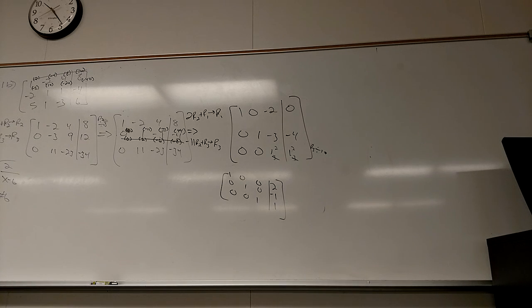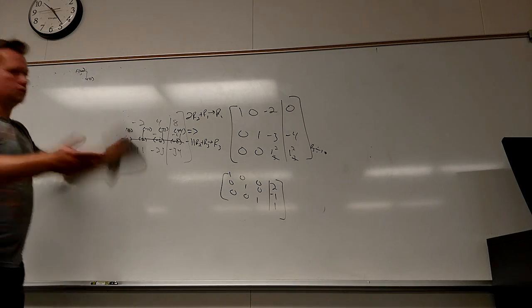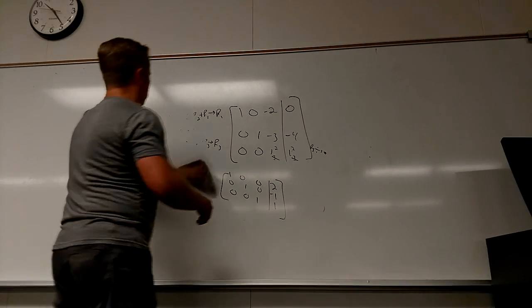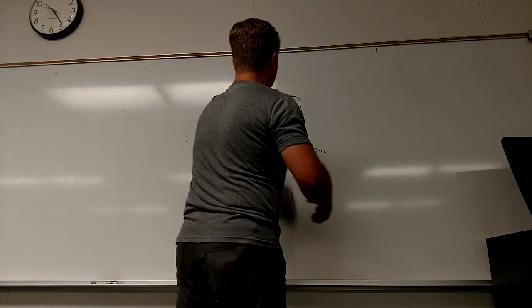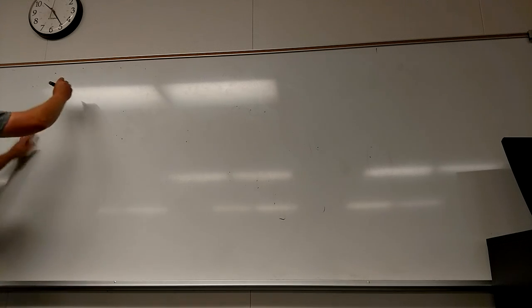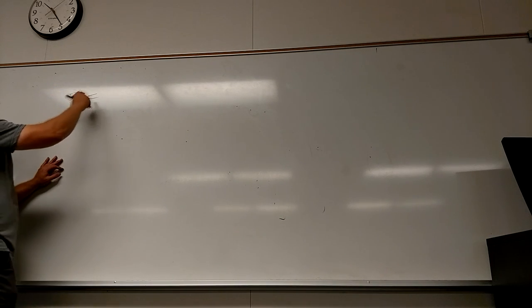Let's see. So they give you the variables already, right? What's the first relationship that they put down there? They say the measure of angle B is 3 times that of A. How would you write that? 3A.